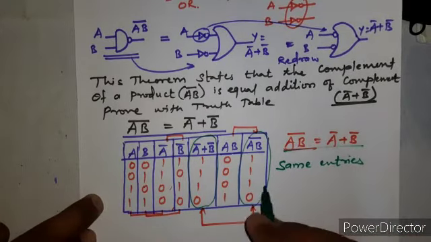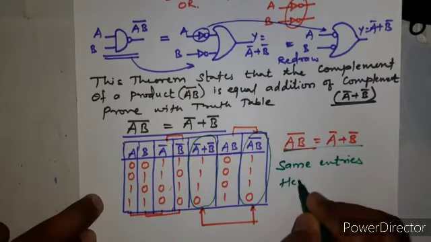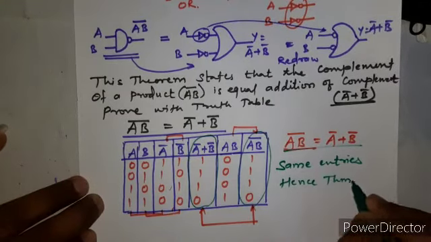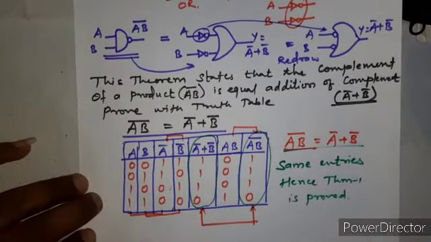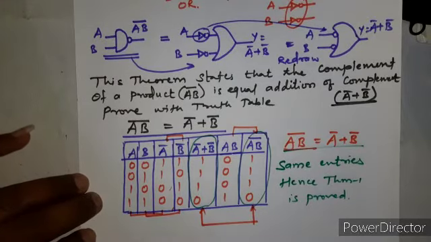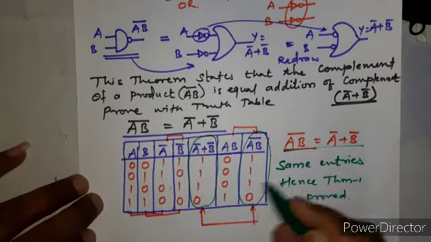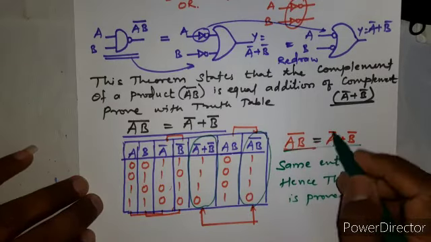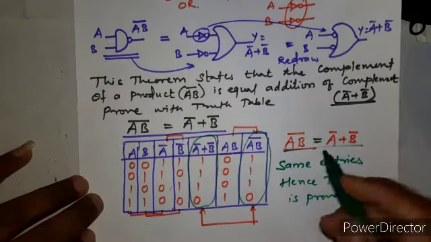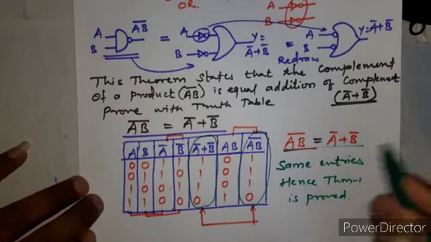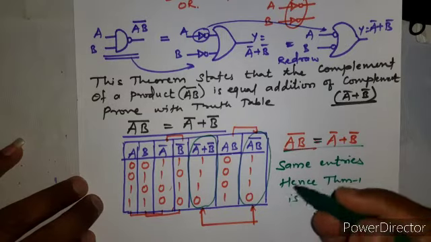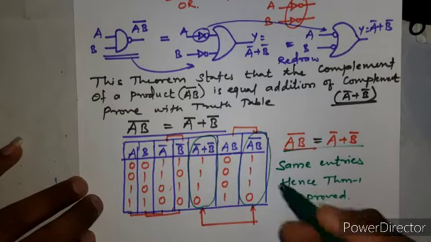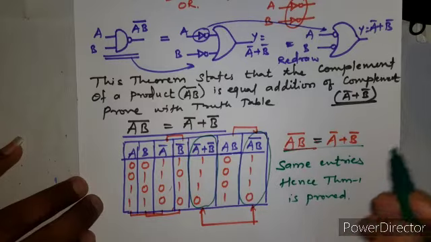Therefore we can say that hence theorem 1 is proved. If we had different entries, then it would not have been equal to this equation. But fortunately we are getting the same entries here. Practically also we have proved this theorem many times. Okay, so this is one theorem.